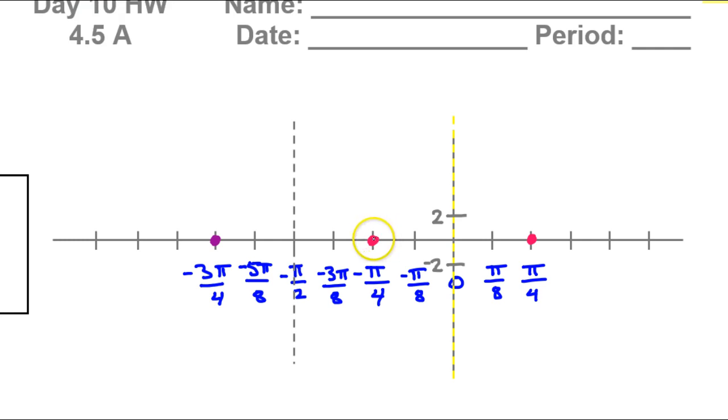So we know that the tangent function is always increasing. So it's going to be increasing from the midline as it approaches the asymptote. But halfway over, it should be at the a value of 2. So I'm going to make sure that as I draw my graph, I pass it through that point.